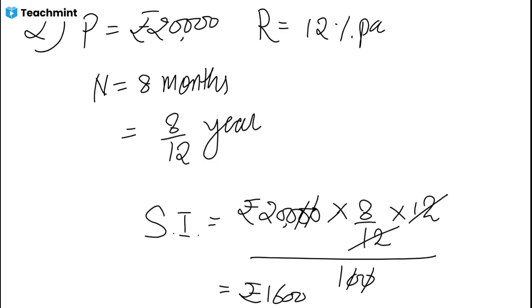Third question. A sum of 10,000 was taken as loan by Apple at a simple interest of 14%. Find the total amount with interest he returned after 1.5 years. So in the same way, you can convert this 1.5 years to 3 by 2 years.